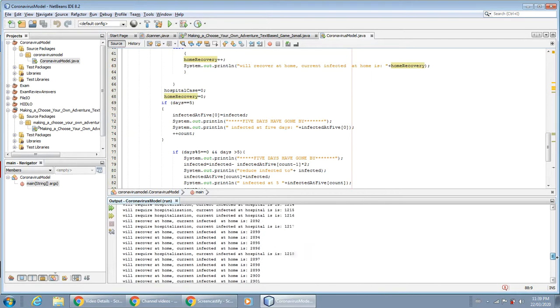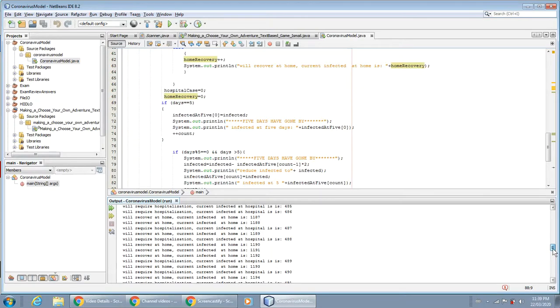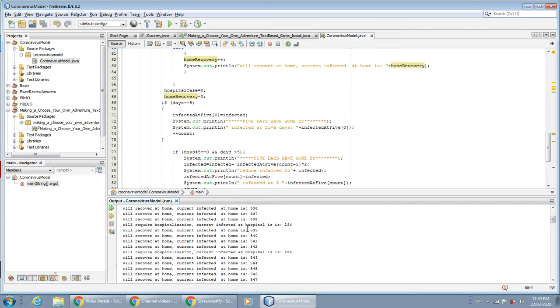If we come down to day 10, what we'll notice is we see a little bit of a drop in the number of people because we have some people from the first 5 days who are no longer sick who are being taken out of our total.